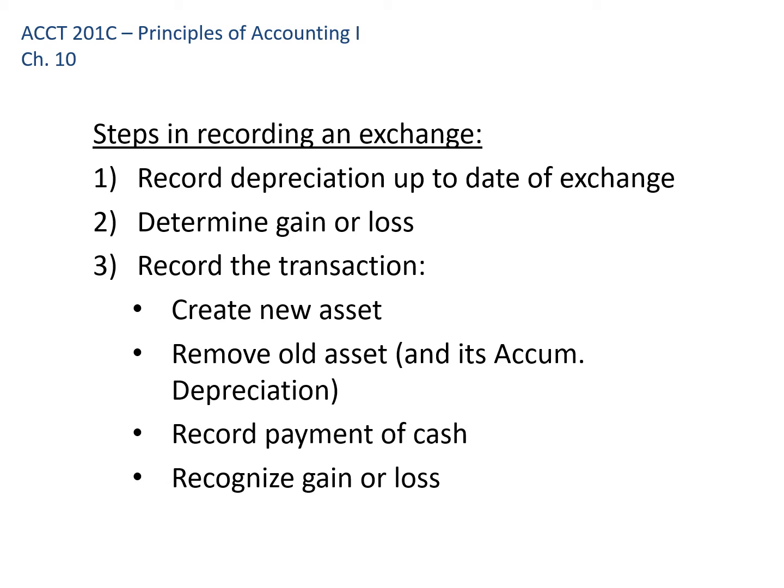We want to remove the old asset, which is going to require debiting accumulated depreciation and crediting the asset. We're going to record the payment of cash. So we're paying money in addition to trading in an asset, so we're going to credit cash. And then we recognize that gain or loss, and remember, gains are credits, losses are debits. And then we check to make sure the entry lines up, that debits equal credits.